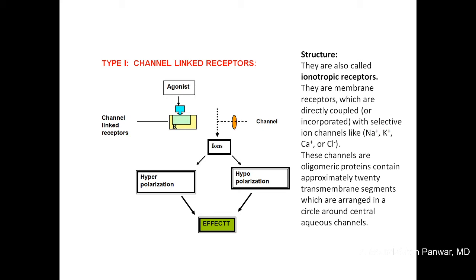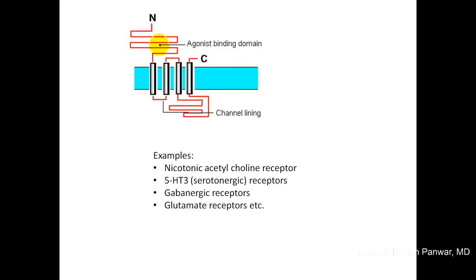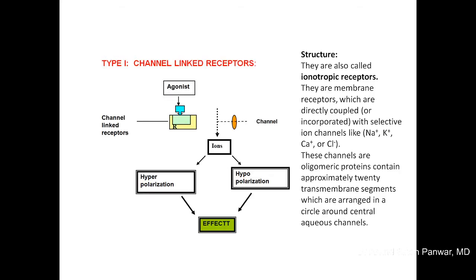The subsequent flow of ions through this channel can elicit a cellular response in the form of hyperpolarization or depolarization of the cell membrane. You see here in the diagram, the NH2 is the agonist binding site, while COOH is the channel domain.